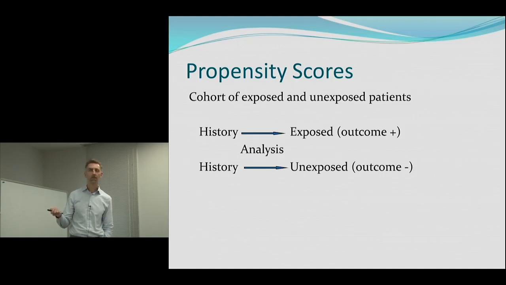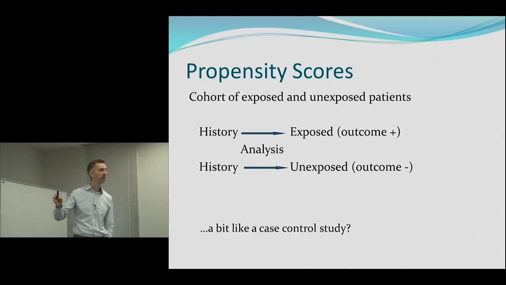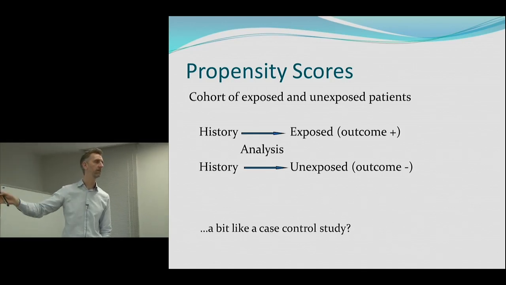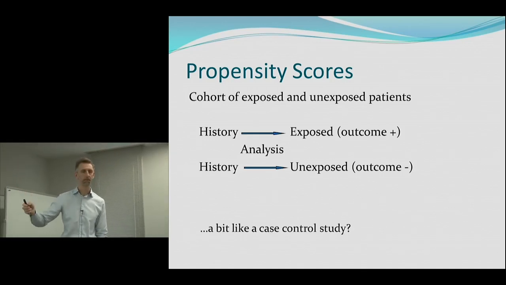So effectively, we treat the exposure itself, so receiving the statin, as an outcome, and we look at what are the risk factors for receiving that exposure. Does that make sense? So it's a little bit like a case control study. So this is the starting point for using propensity scores, that we start just with the exposure and look at the risk factors.